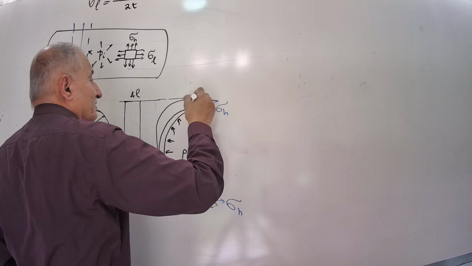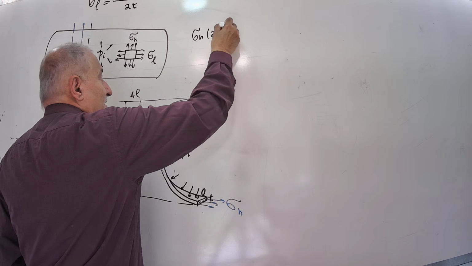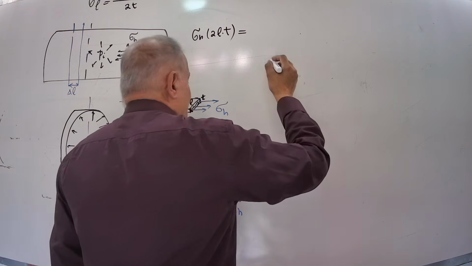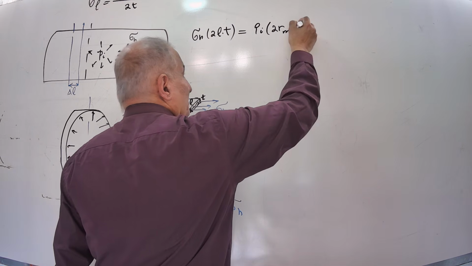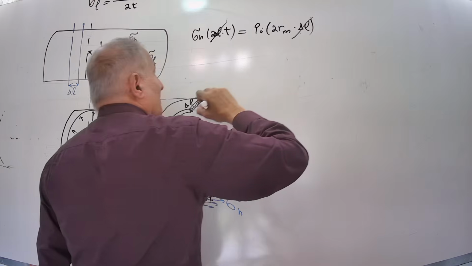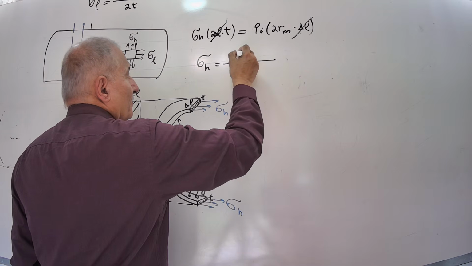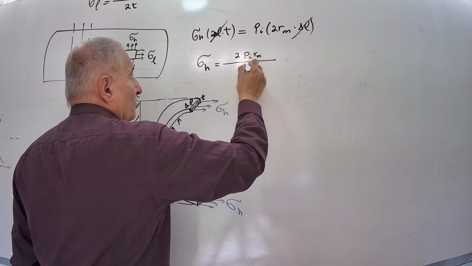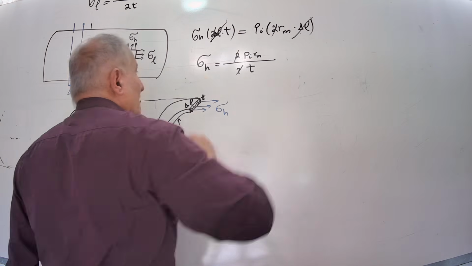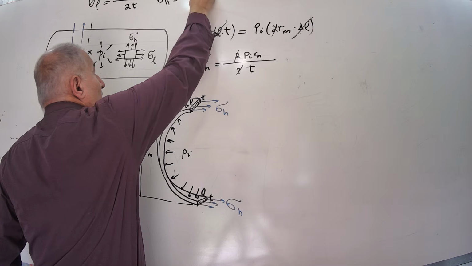The internal force is sigma h times delta L times t, and we have two areas, so sigma h times 2 L t is the internal force, which must be equal to the external force, pi times 2 r m times delta L. Delta L can be cancelled out, and we get sigma hoop equals 2 pi r m divided by 2t, the 2 cancels out, so hoop stress is pi r m divided by t.